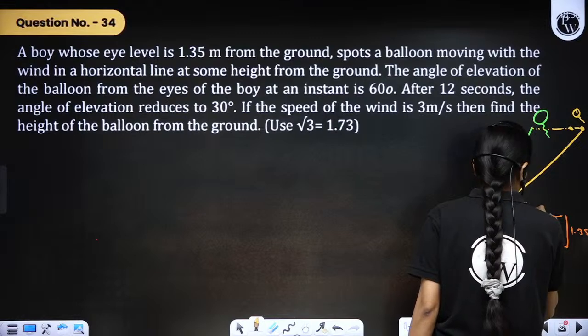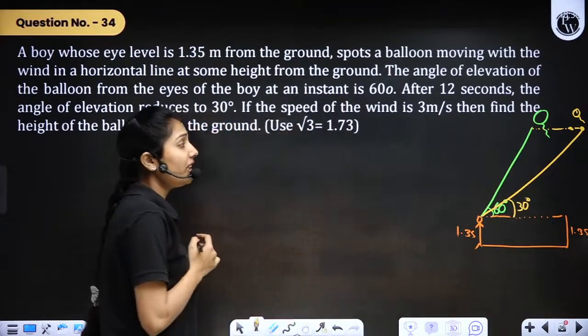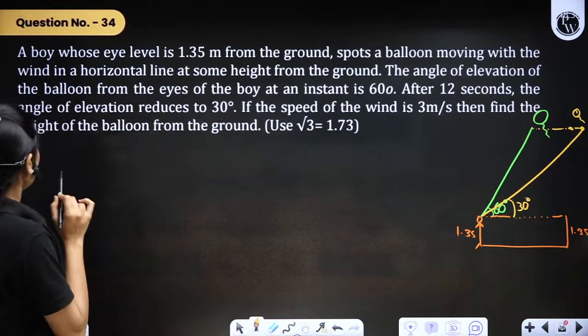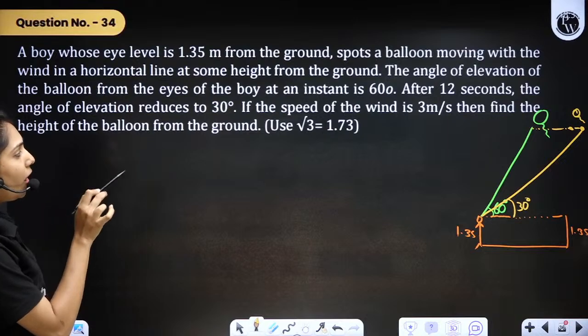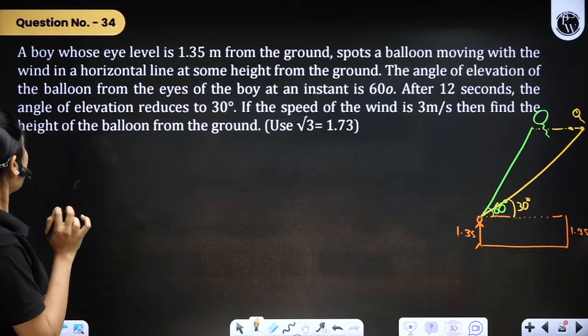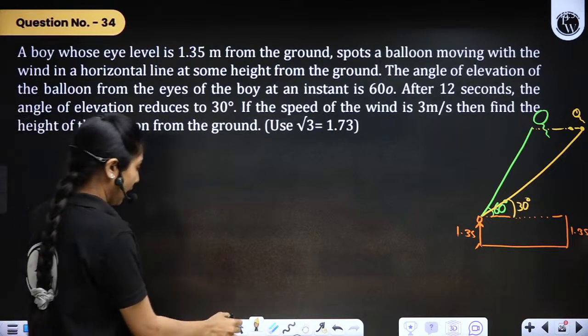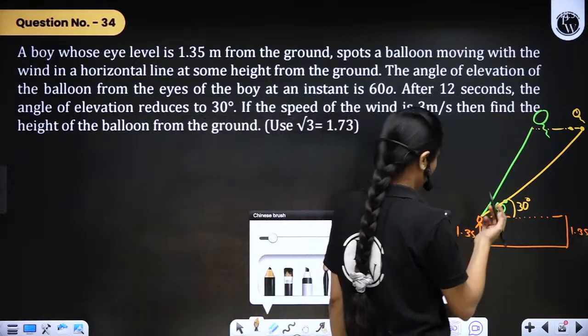This angle is 30 degree. If the speed of the wind is 3 meter per second, then find the height of the balloon from the ground. We have to find the height of the balloon.